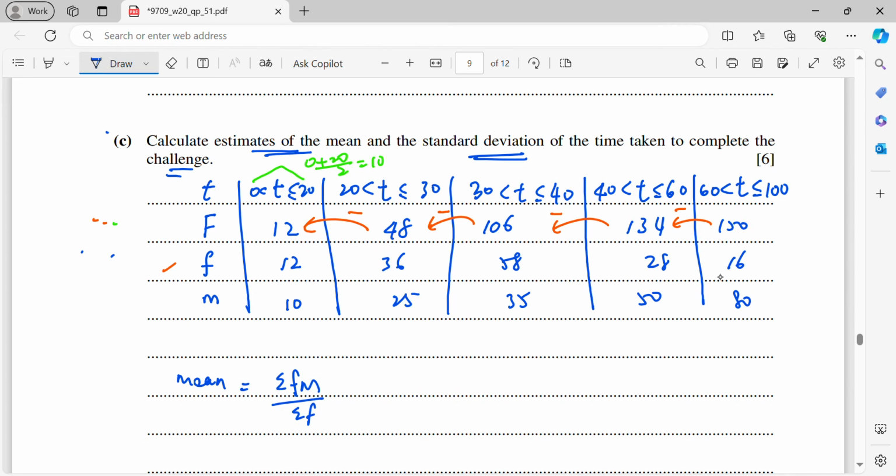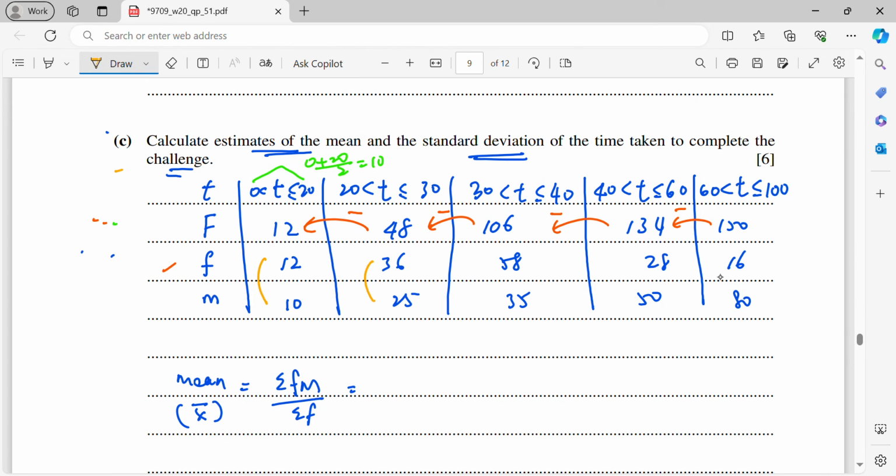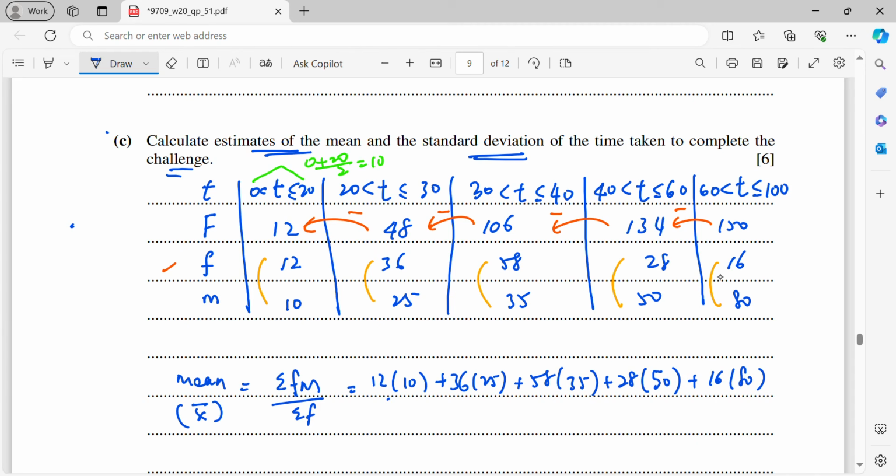Alright, so this mean is basically x bar. What you need to do is you multiply f and m, then you add the products. Therefore, from here, you will be getting 12 times 10 plus 36 times 25 plus 58 times 35 plus 28 times 50 plus 16 times 80, then over total f.